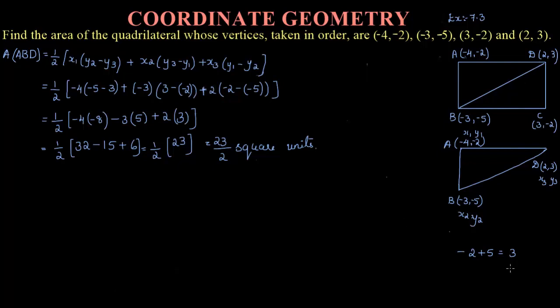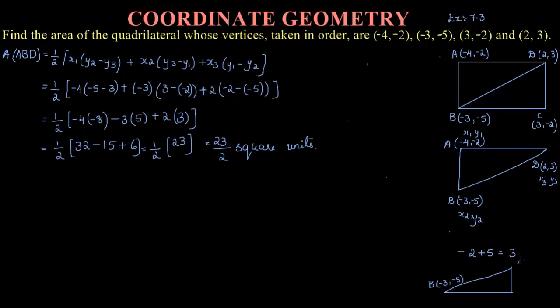Okay, so let me just draw a small triangle here. So B is here. What are the coordinates of B? It is minus 3, minus 5.